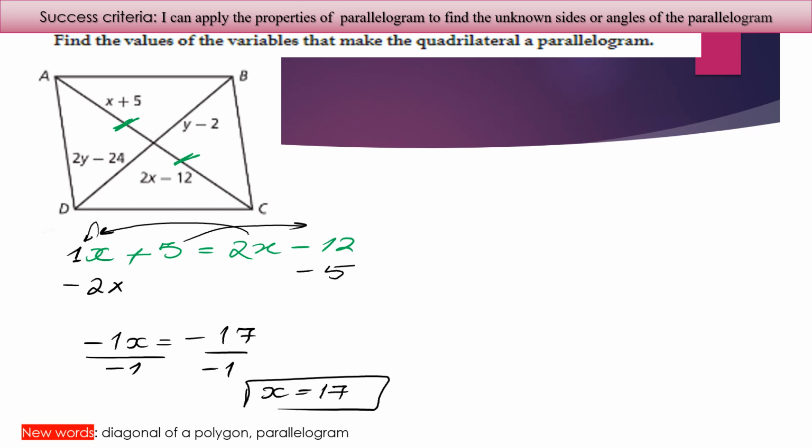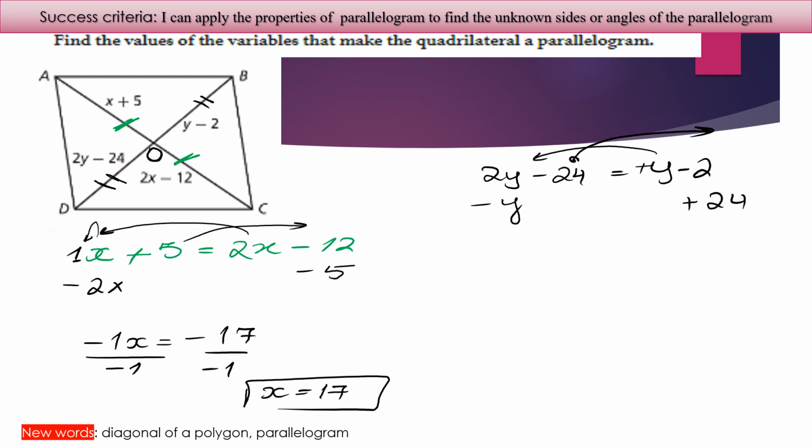Next, I can see that if this is O, so OB is congruent to OD. So I can say 2y minus 24 equals to y minus 2. Bring the y here, so plus y goes here, becomes negative y. Similarly, negative 24, bring it on the other side, you will get plus 24.